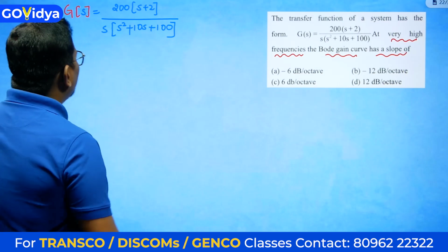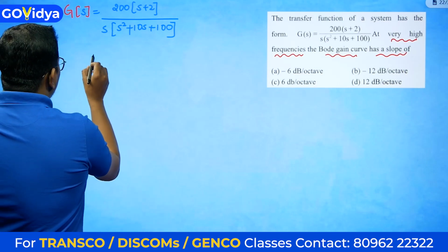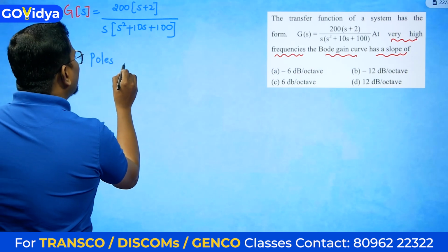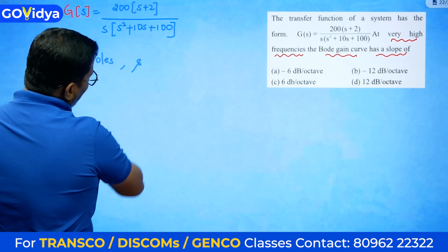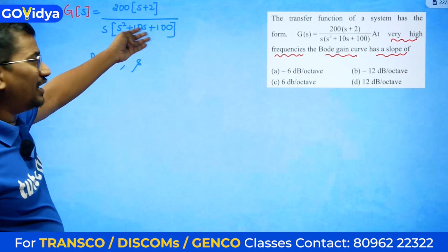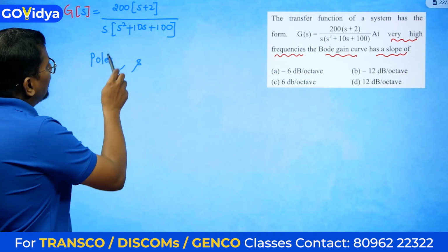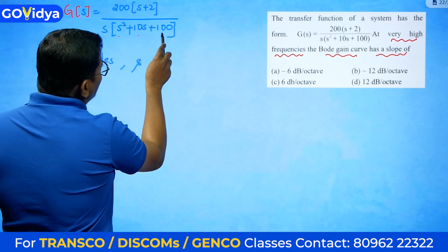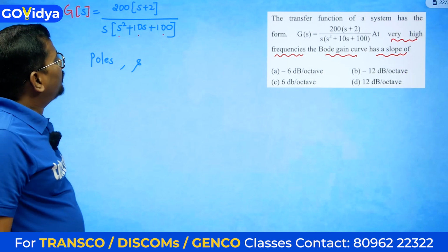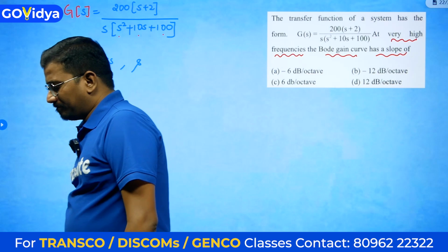So first identify the poles and zeros. Poles are, one is s, and what about the corner frequency of this characteristic equation? It looks like s square plus 2 zeta omega n s plus omega n square. So from this, can we calculate omega n?